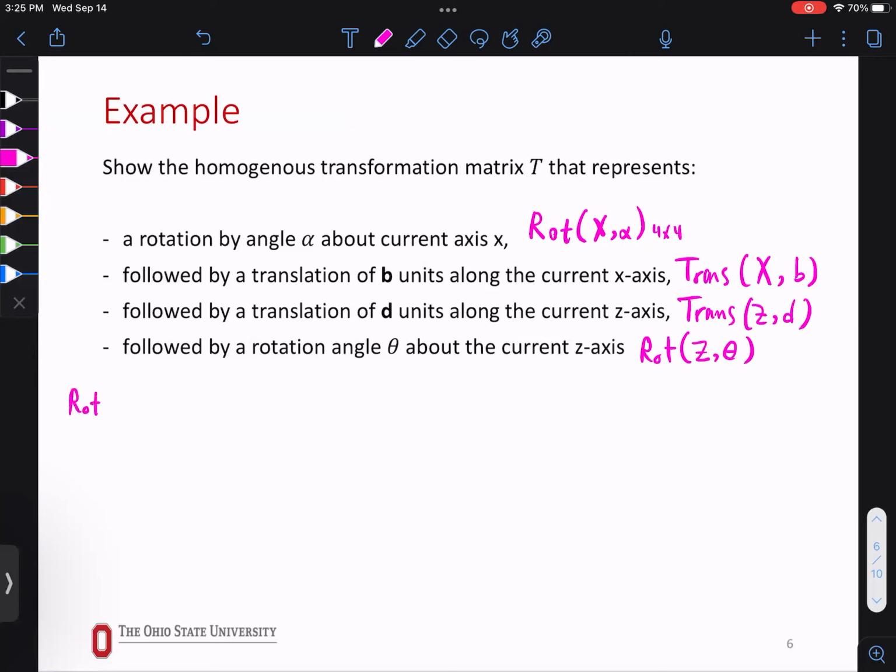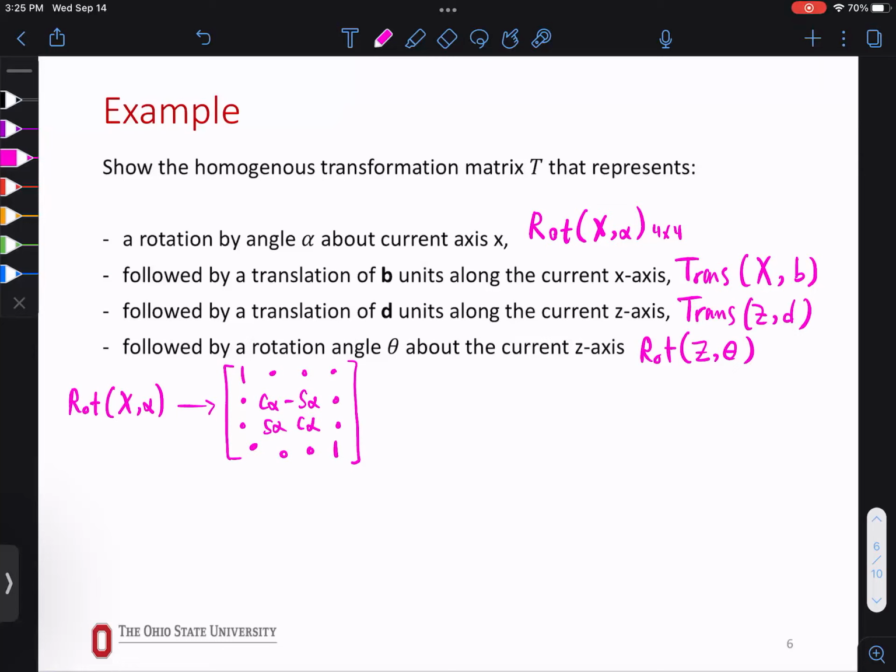For those of you that have questions about the rotation notation: 1, 0, 0, 0, 0, cosine alpha, negative sine alpha, 0, 0, sine alpha, cosine alpha, 0, 0, 0, 0, 1. That will be your pure rotation, right?